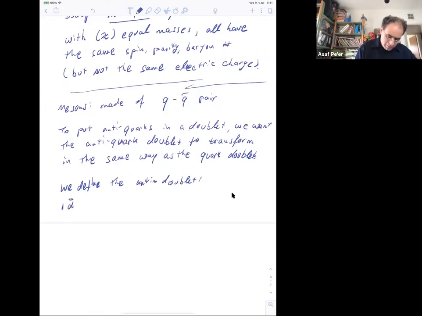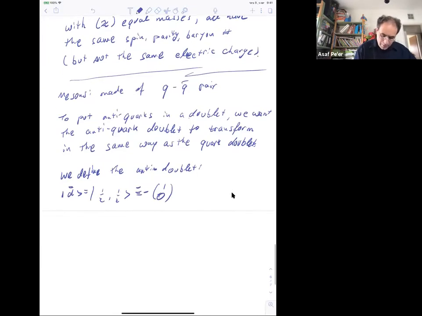The anti-down is going to be the half and half, with some minus sign: minus 1, 0. The anti-up is the 1/2 minus 1/2, with a plus: 0, 1.